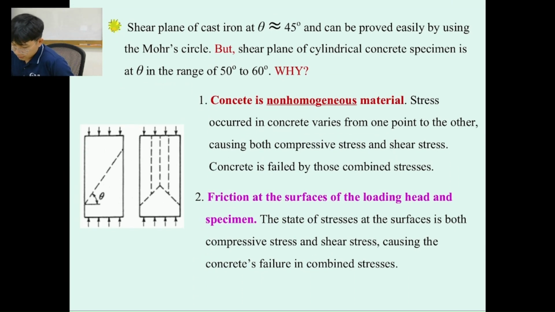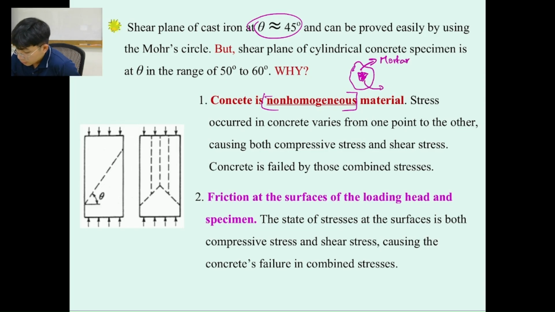All right, so again, the concrete cannot fail exactly at 45° because it's a non-homogeneous material. Because in the concrete we have stone, and we have mortar, the liquid that bonds the stone to form concrete, so it's not homogeneous.